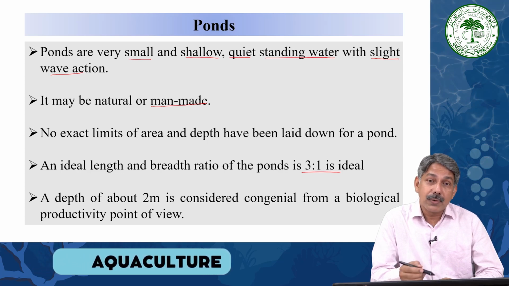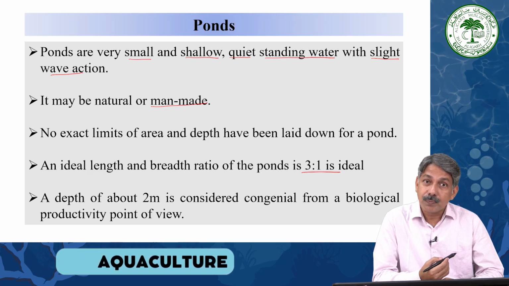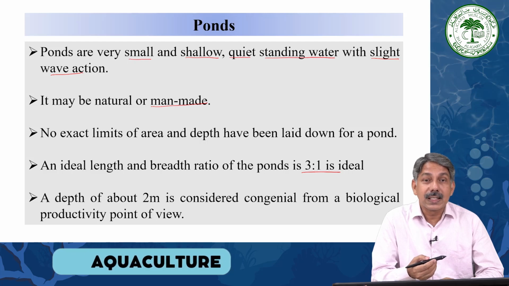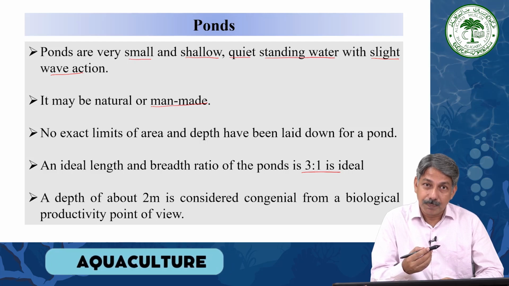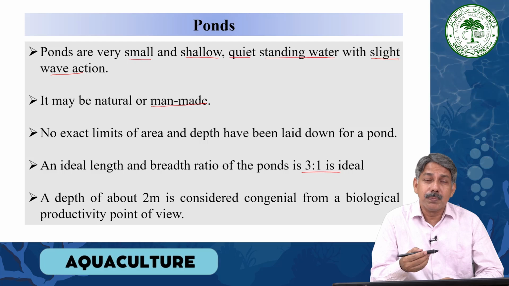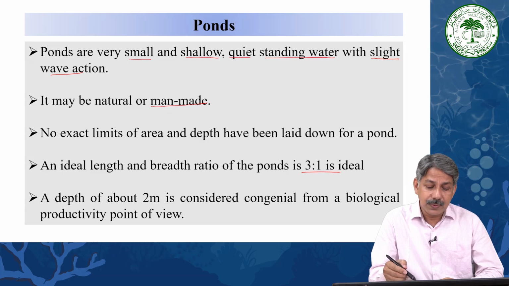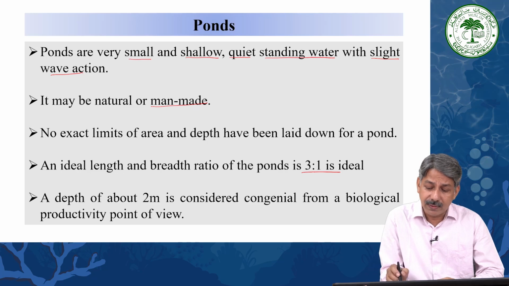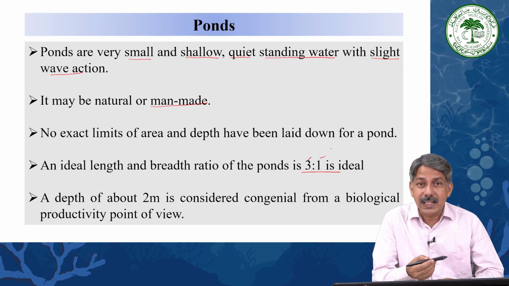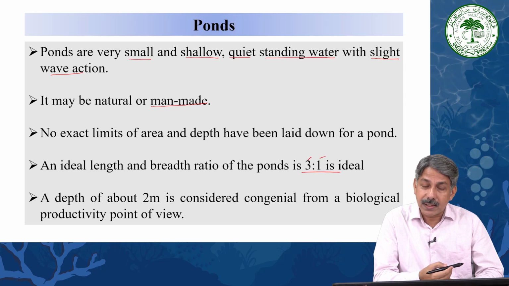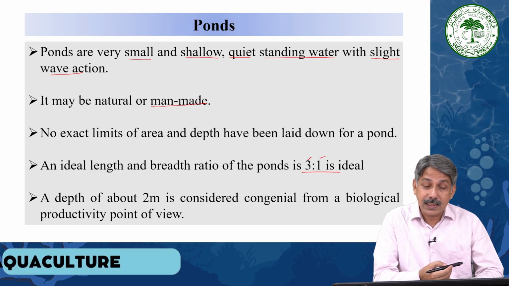But if you have to go for Indian major carp culture or carp culture, then they require a large area to swim, and that is provided in the best fashion in rectangular ponds. So if you have more length than breadth, then you can construct a rectangular pond, and that gives the carps more area to move, and so more opportunities to grow. So they grow well in such ponds.